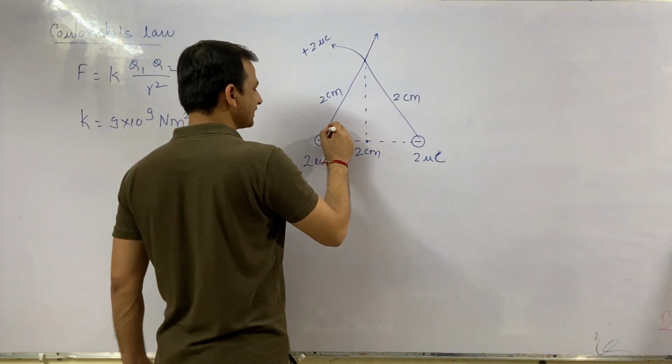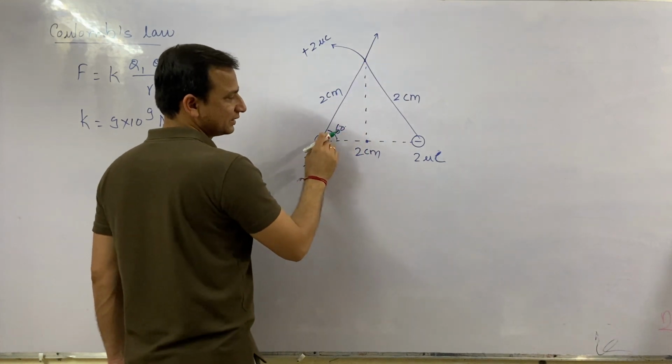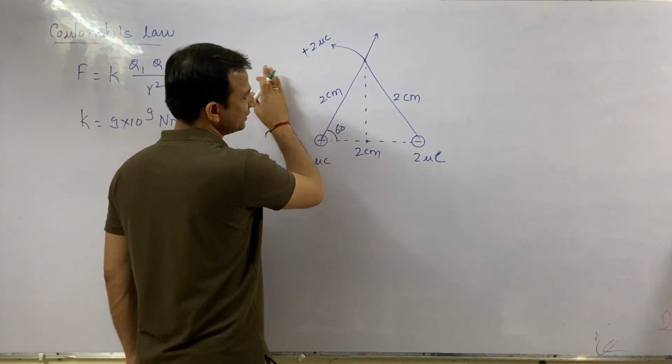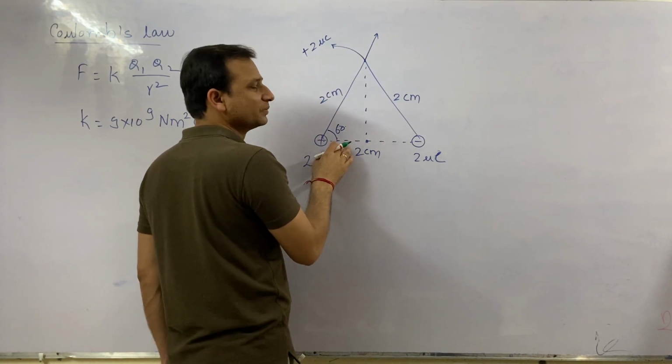That angle would be exactly 60 degree from the horizontal, because one side of this equilateral triangle is at 60 degree with the base.